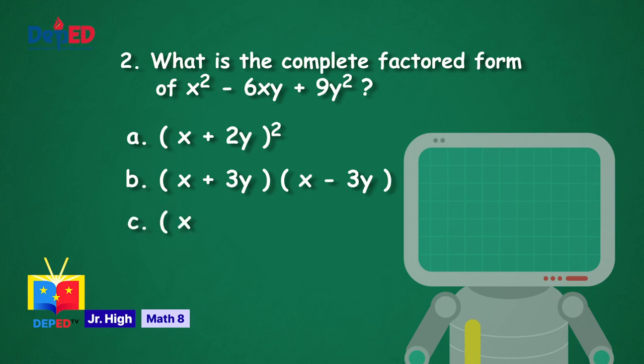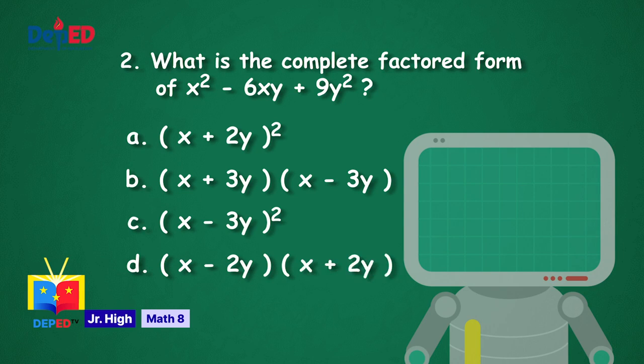Letter C, the square of the binomial x minus 3y? Or letter D, the quantity of x minus 2y times the quantity of x plus 2y? The correct answer is letter C, the square of the binomial x minus 3y.